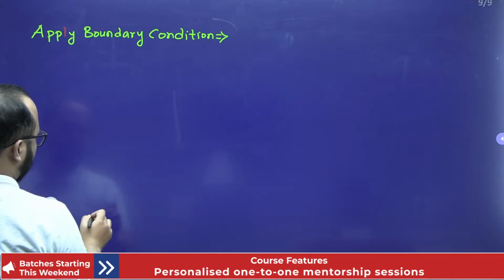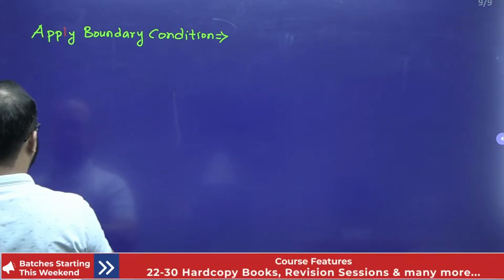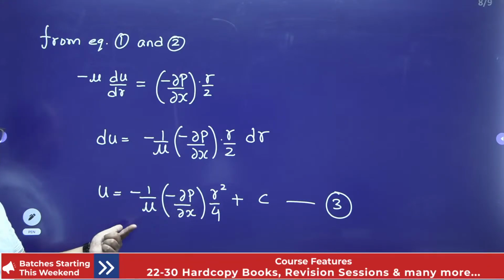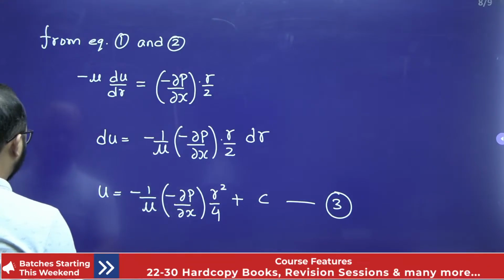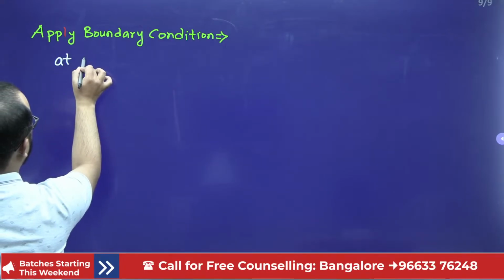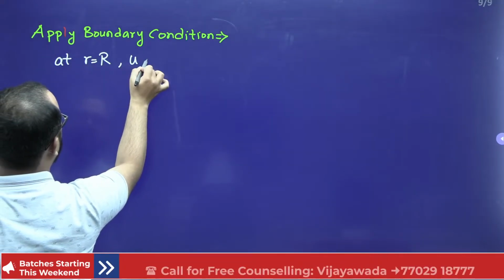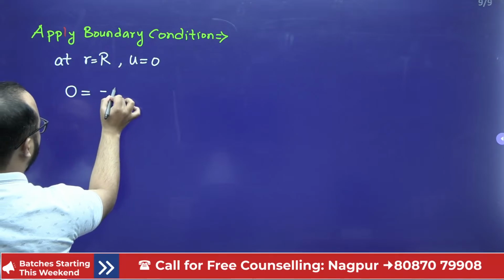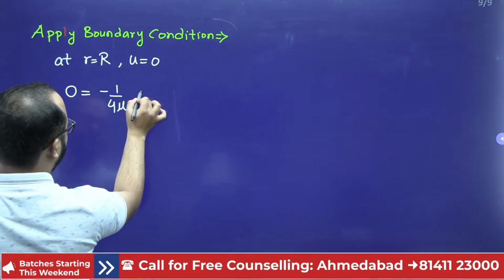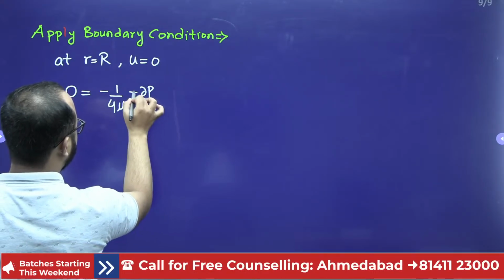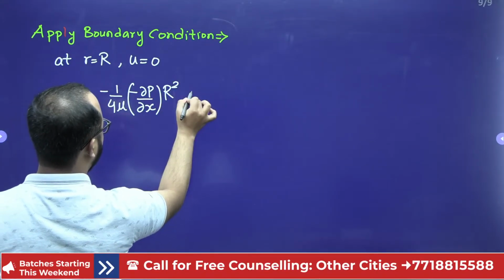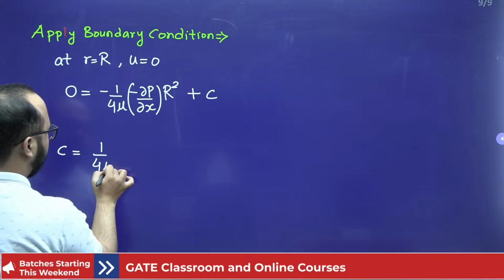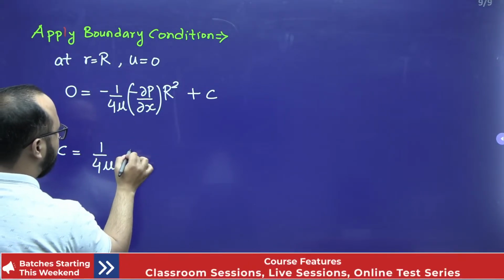If I apply the first boundary condition, r equals capital R, the velocity will be 0. So the velocity value will be 0 equals minus 1 upon 4 mu into minus dou p by dou x, with capital R square instead of small r, plus c. So the c value we get is 1 by 4 mu, into minus dou p by dou x, into R square.